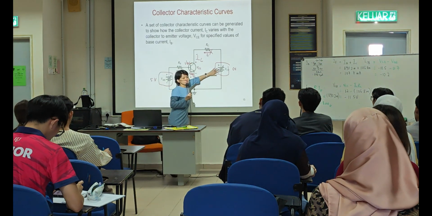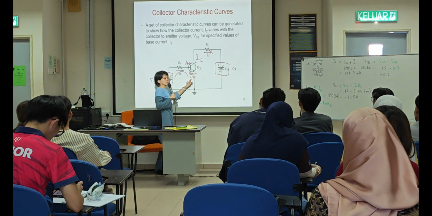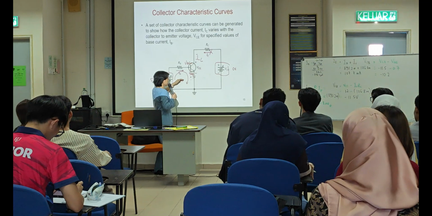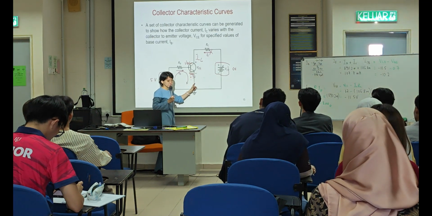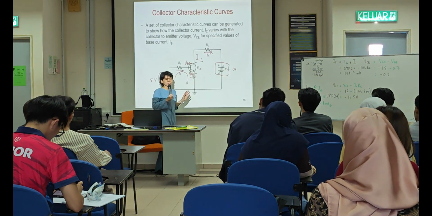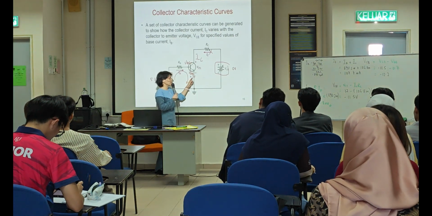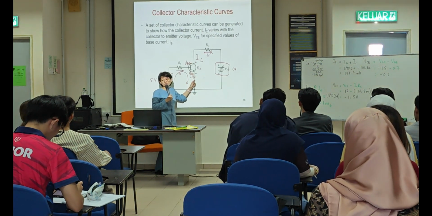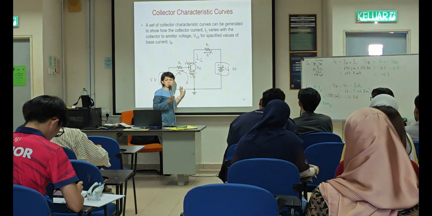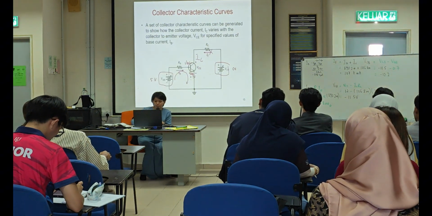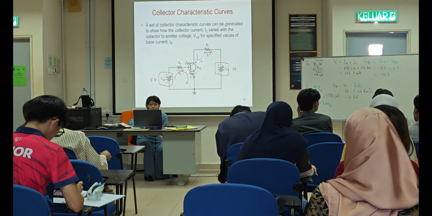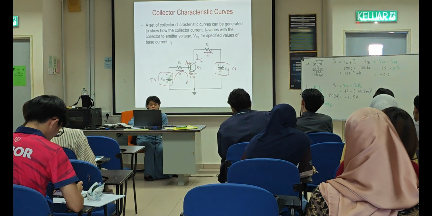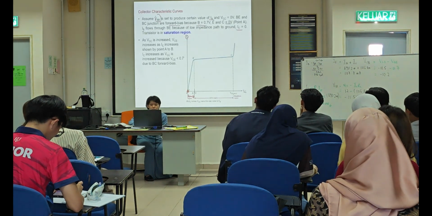Here is 0, here there is 0.7. So whatever value passes through before 0.7 is saturation. It has not achieved it yet, not more than 0.7. It is the saturation region. Okay, understand? So now this is the saturation region.